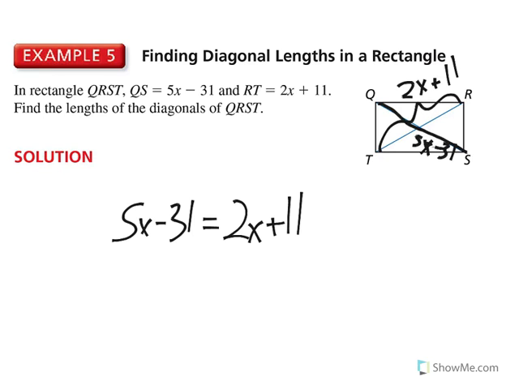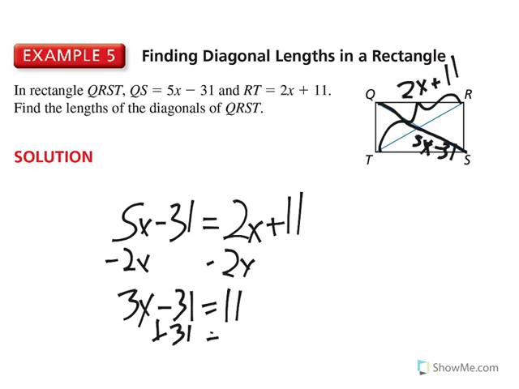And then I just have to solve. So to solve, I'm going to subtract my 2x. I had somebody the other day say that they weren't sure how to start on solving these. It doesn't matter. If you wanted to subtract 5x and move your x to the right, you should get the same answer. Just start trying to get same terms together until you're left with your x by itself.